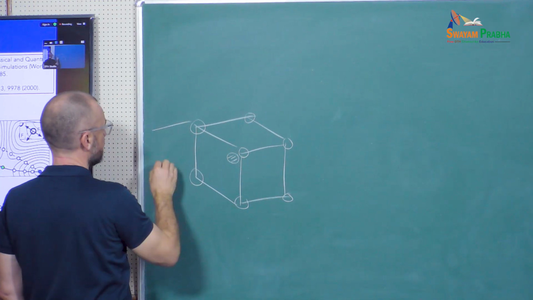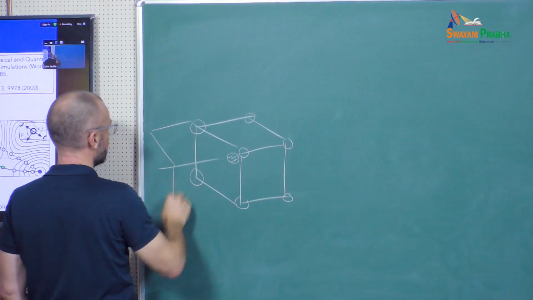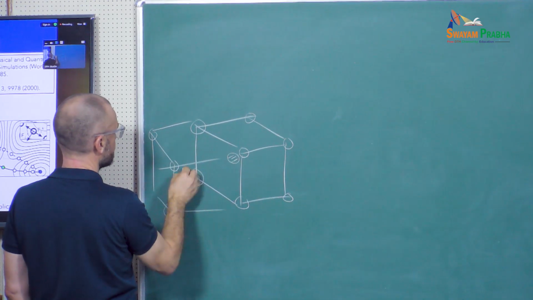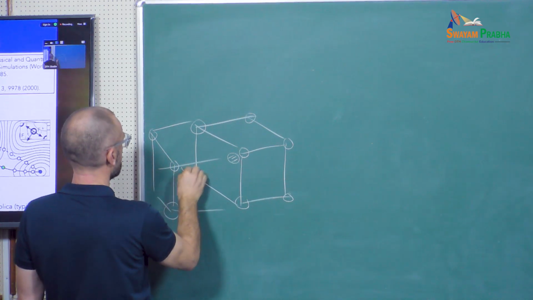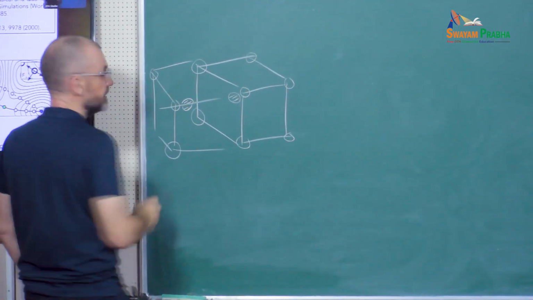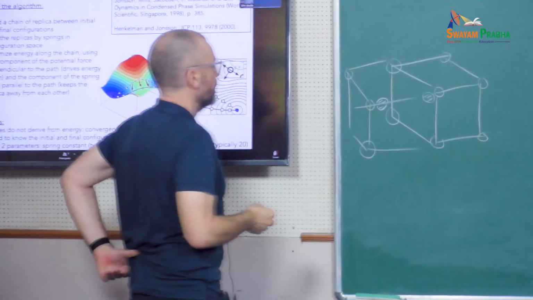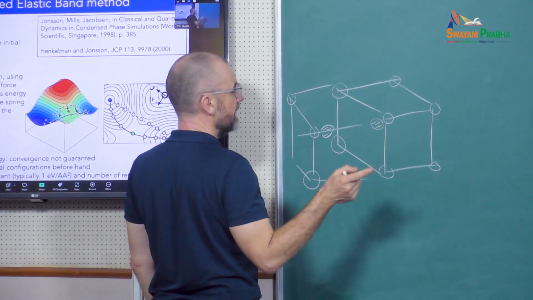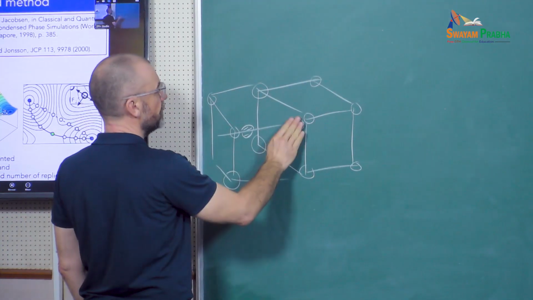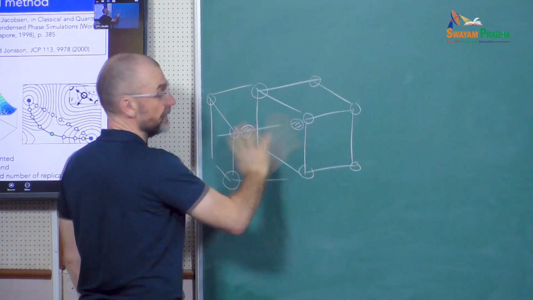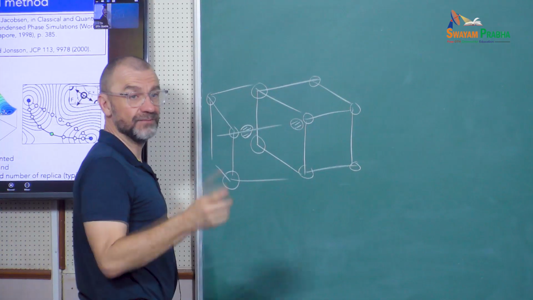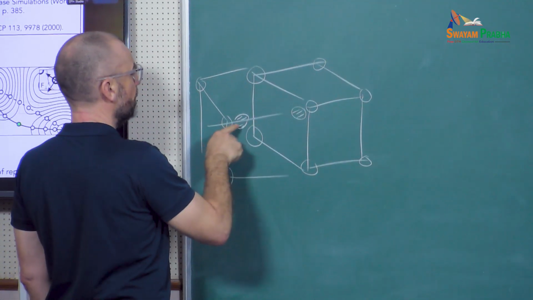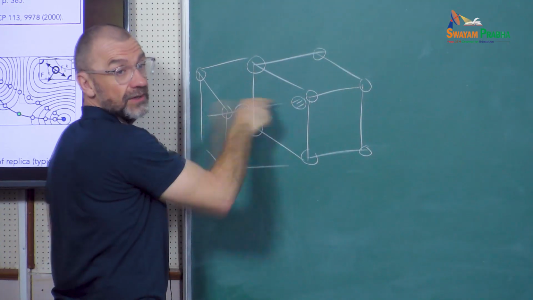And then if I take the cell next to it, I have again atoms on the corners, and then there's an atom in the middle. If you can see, you see the atom in the middle? Yeah. So actually, the way the NEB was set is that for the initial configuration, you remove one atom and you relax. And then for the final configuration, you take an atom and you move it to where the vacancy was.